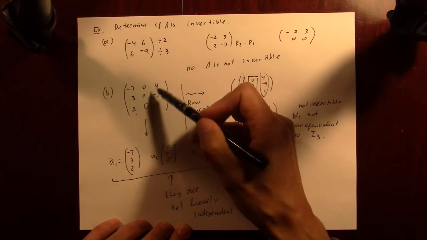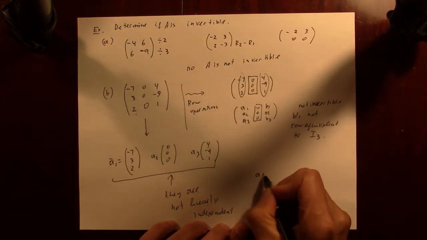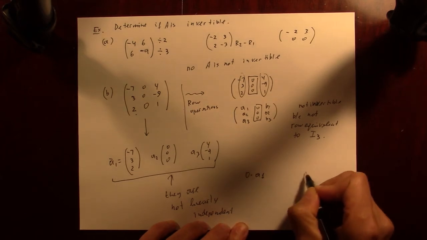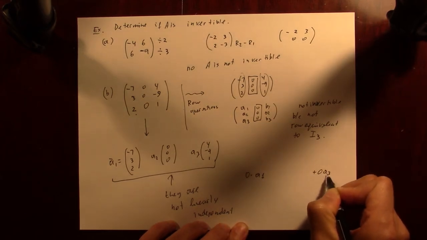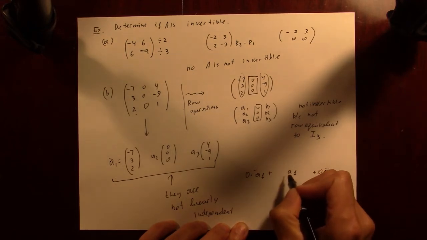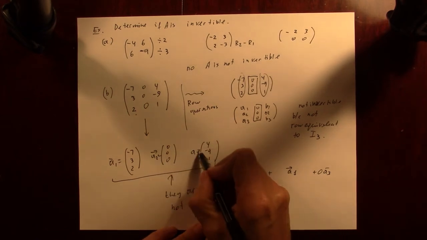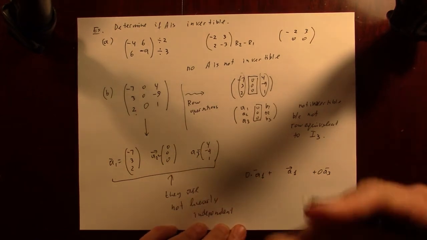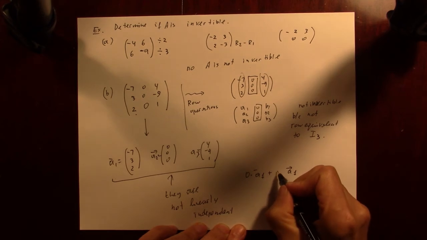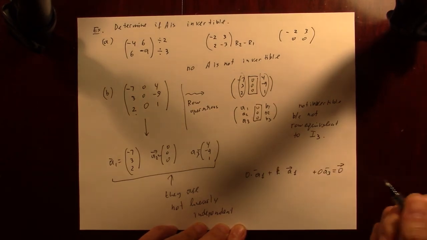Columns of A are not linearly independent because you can take 0 of a1, 0 of a3, and pick any number k, not equal to 0, for the zero vector a2, and you're still going to get the zero vector at the end.